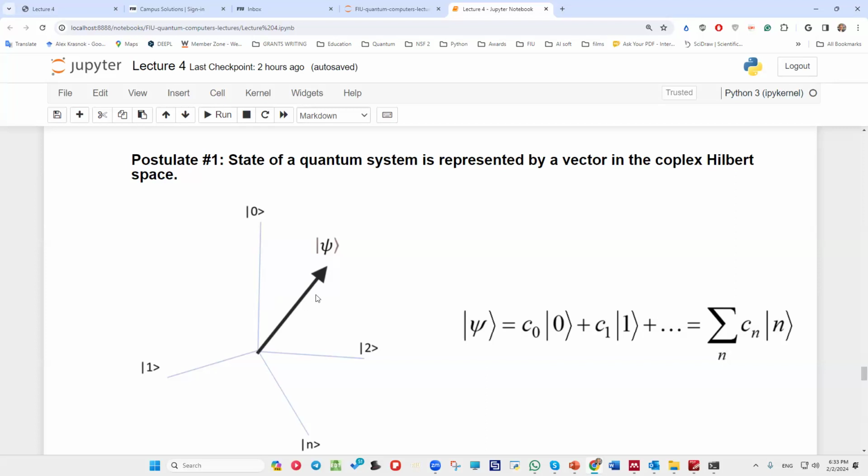This vector exists even without introducing the basis. Vector is a geometrical thing. Vector exists regardless of the coordinate system. Let's say you drive a car, your car gets a specific velocity. Velocity is a vector, right? Because it has magnitude and direction. And the velocity of your car is a geometrical or physical thing.